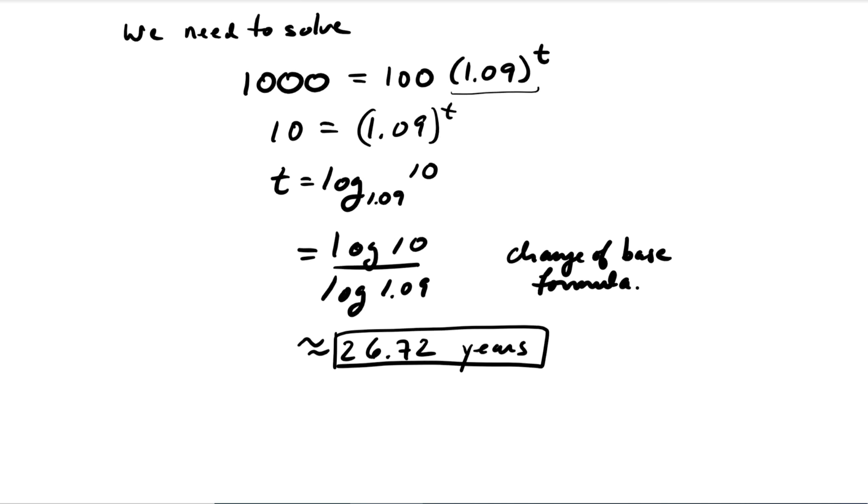Notice, and this is just a coincidence, that we got log base 10 of 10, that's actually 1. So that number is also equal to 1 over log of 1.09. And log of 1.09 is not something we can figure out without the use of a calculator anyway. So 26.72 years.